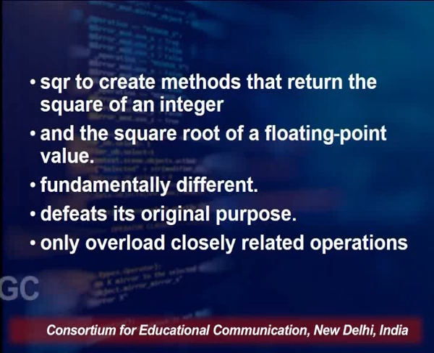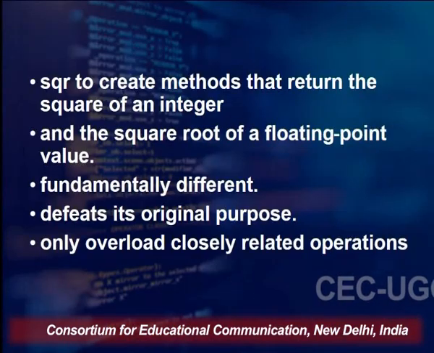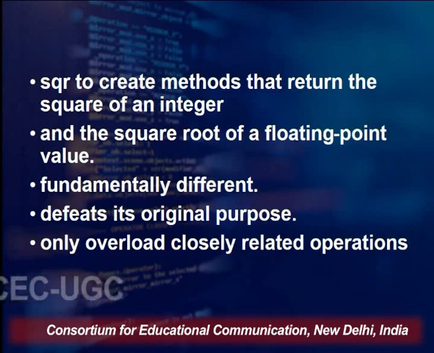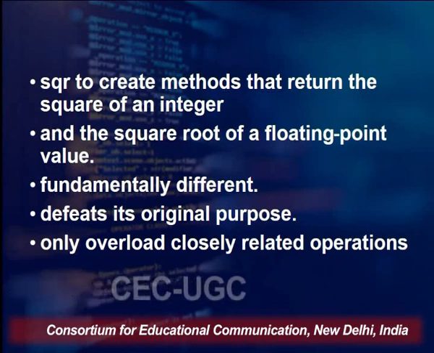So when a floating point value is passed, it returns a square root, and when an integer is passed, it returns the square of that parameter. Despite having the same name, the 2 versions of SQR are fundamentally different, which defeats the original purpose of overloading.